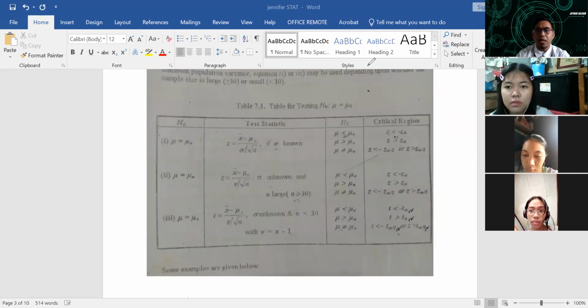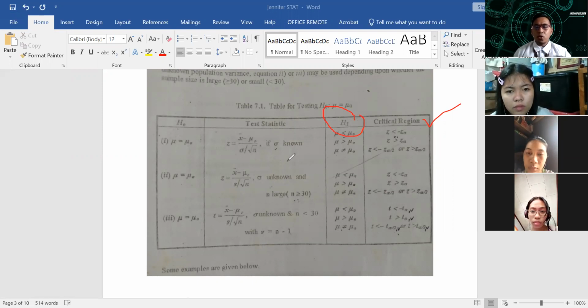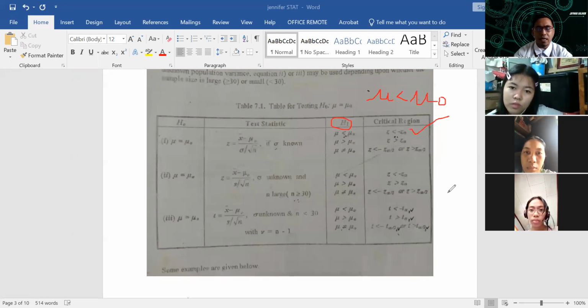How do you determine the critical region? Take note, the critical region will be determined out of your alternative hypothesis. I will repeat. You will be able to know your critical region if you know what your alternative hypothesis or your claim is. If your alternative hypothesis involves less than, then you use less than in the critical region. You follow here.